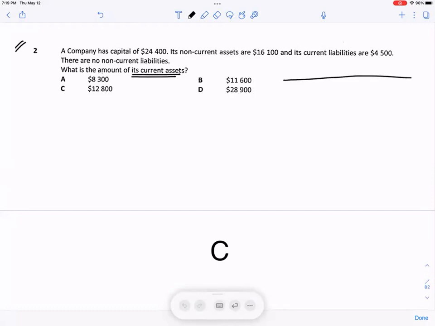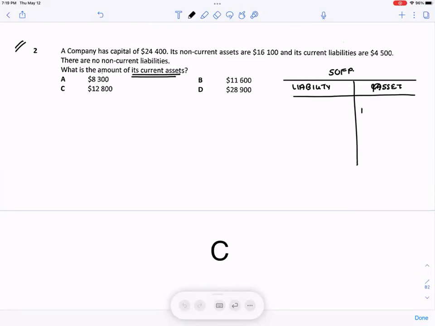So we're given information about the balance sheet or the statement of financial position. Tell me if this is the liability side and this is the asset side. What is asset side made up of?